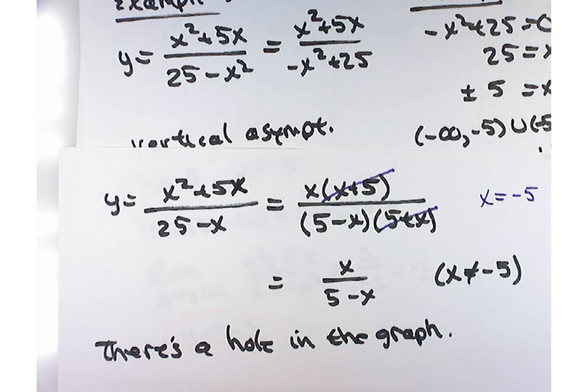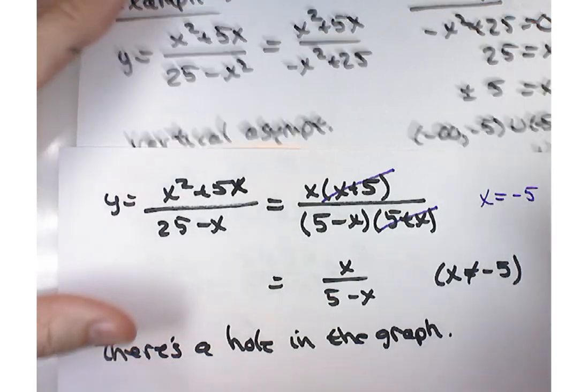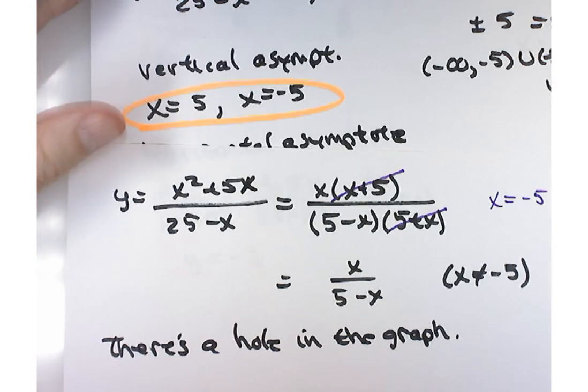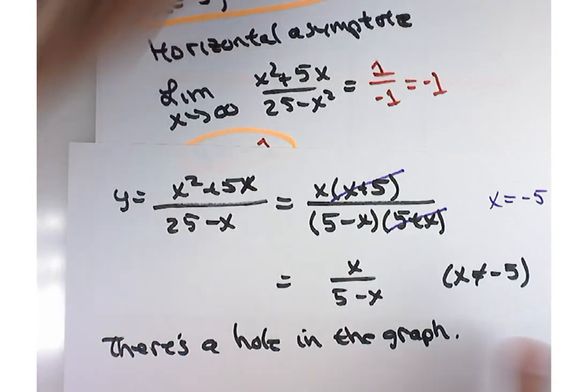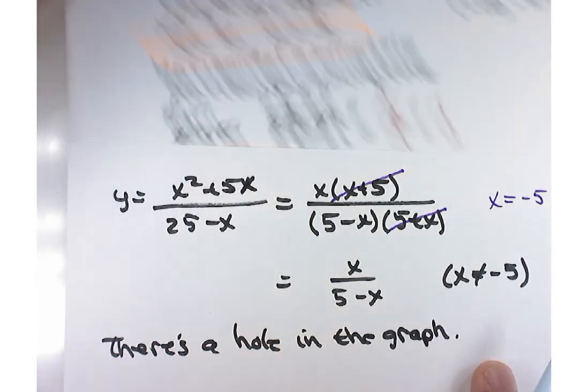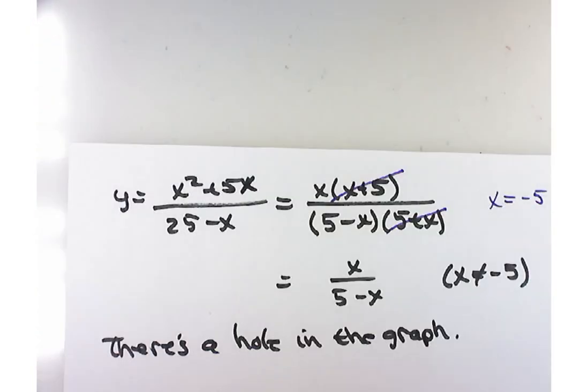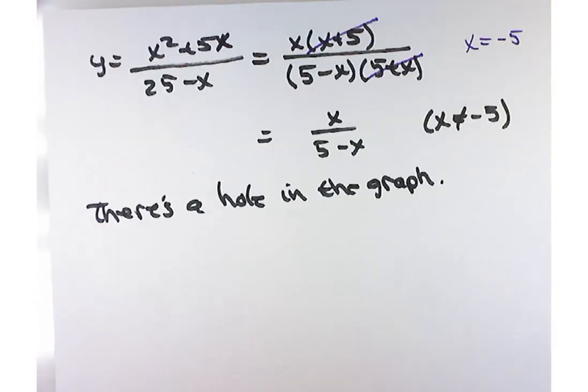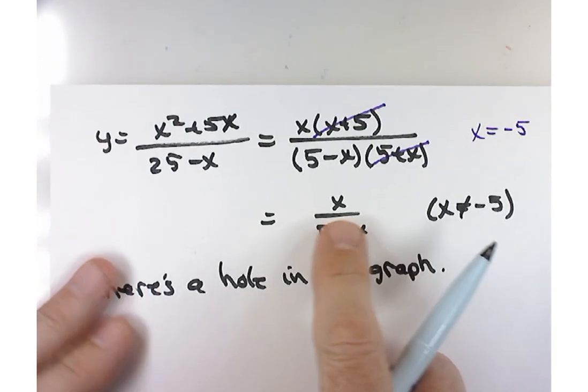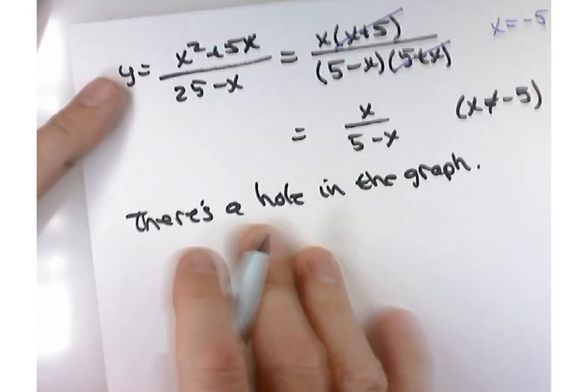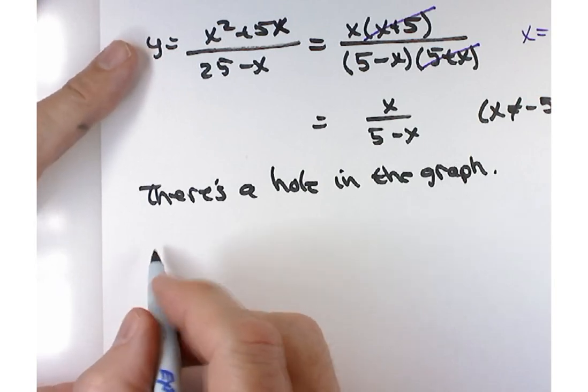Now, if you wanted to find the hole in the graph, again, you could use L'Hopital's rule. A while ago, we had to do this in a different way. We had to spend some time analyzing the graph, taking a look at the limit from the left, limit from the right. But here, you could use L'Hopital's rule.